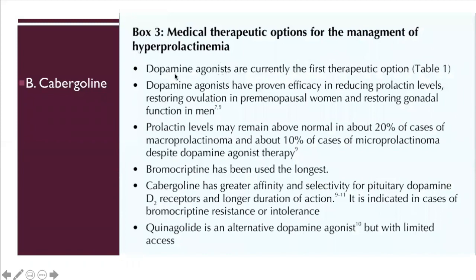Either you can use a dopamine agonist. Actually, we don't use bromocriptine much now because it's kind of old-fashioned. Both are good, but we tend to use cabergoline, which has greater affinity and selectivity for pituitary dopamine receptors and a longer duration of action.